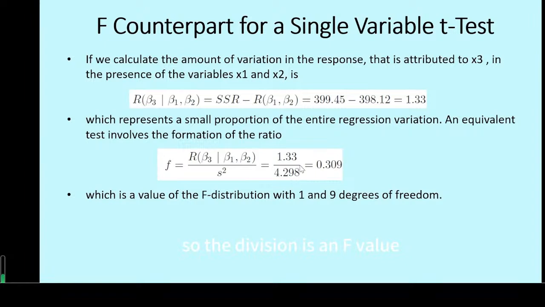So the division gives an F value, which follows an F distribution with 1 and 9 degrees of freedom. So you can see this is not significant in the F-test also. So we get the same result as we use the T-test for the significance of these coefficients.